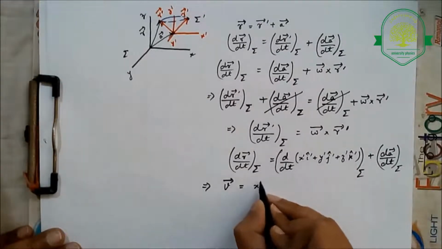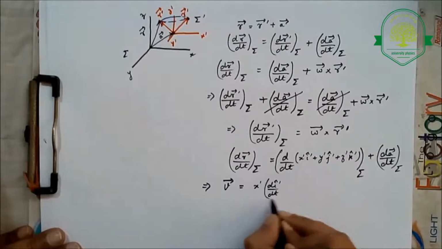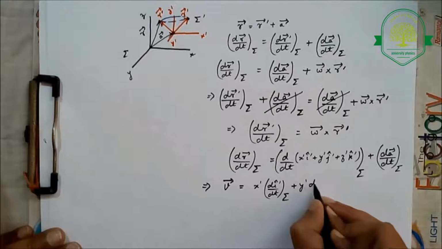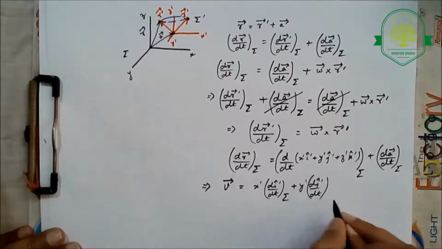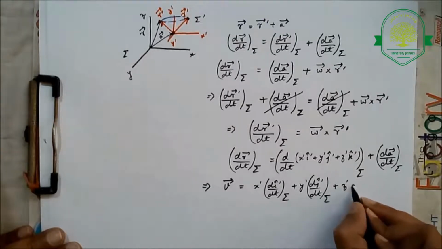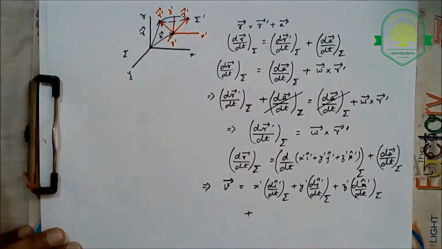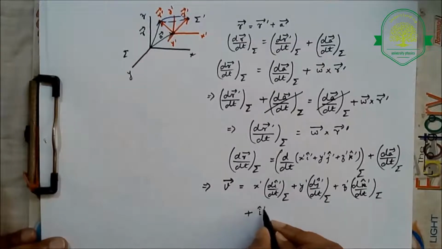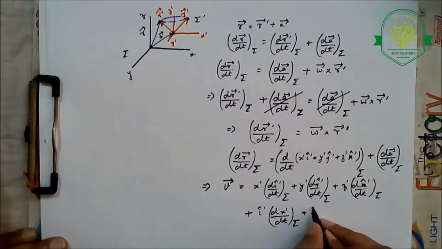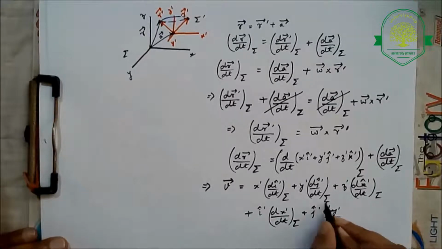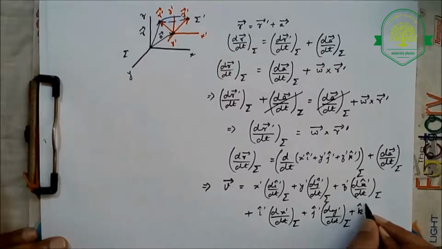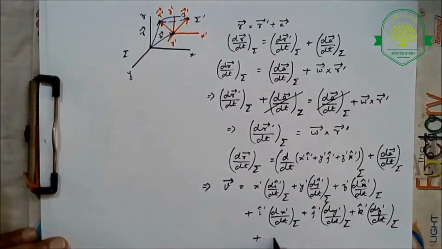This becomes x primed d i cap primed over dt as seen in sigma plus y primed d j cap primed over dt as seen in sigma plus z primed d k cap primed over dt as seen in sigma, plus we have more terms: i cap primed dx primed over dt plus j cap primed dy primed over dt plus k cap primed dz primed over dt, and we have this term, which is dA vector over dt as seen in sigma.